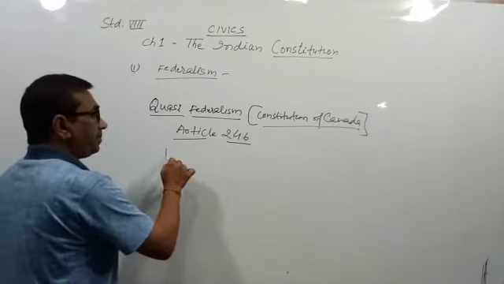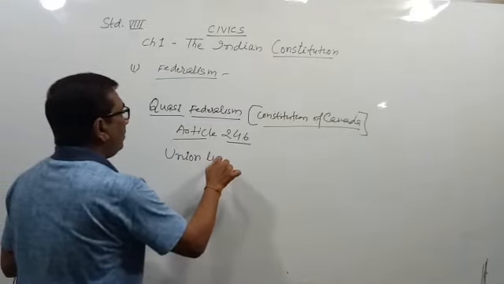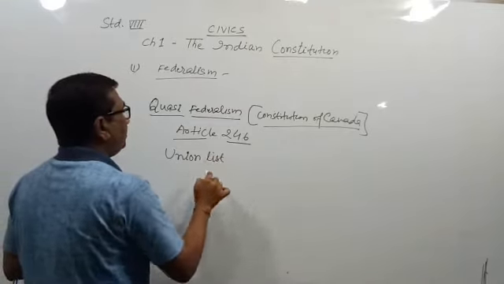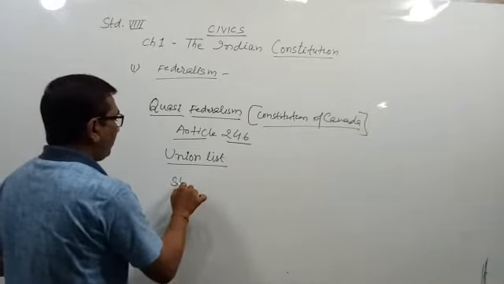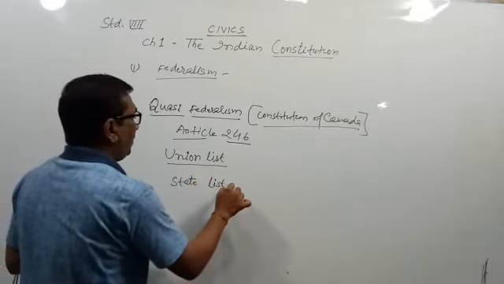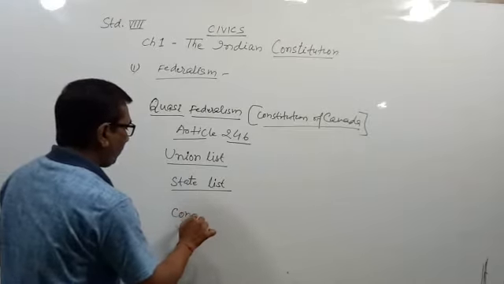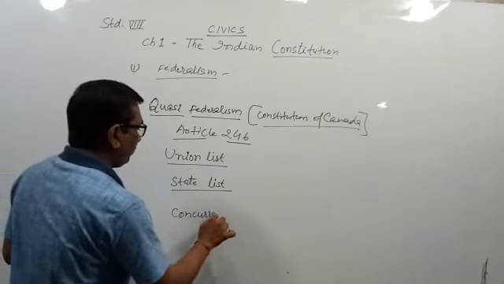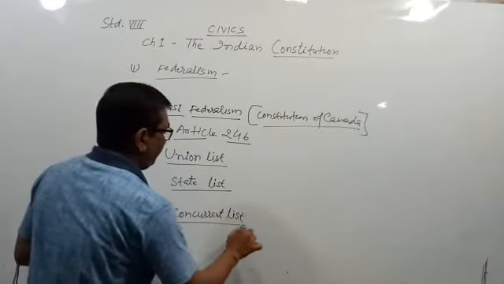You can say the union list, then we have the state list, then we have the concurrent list.